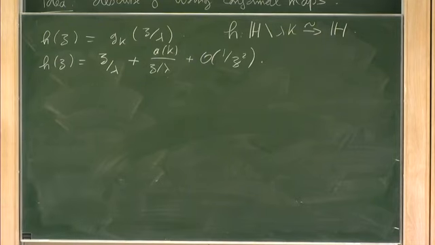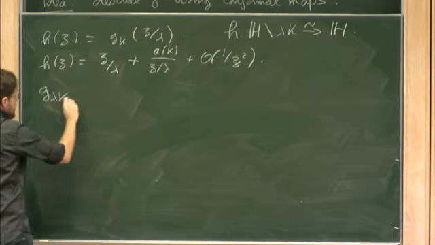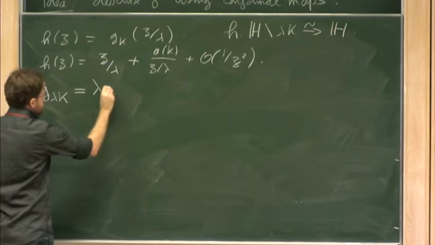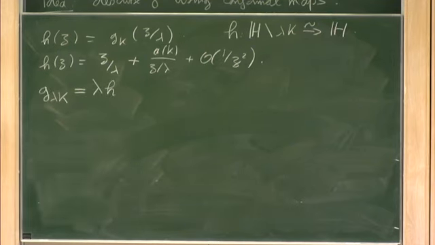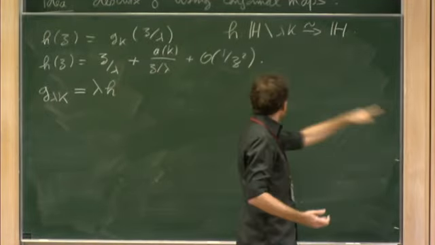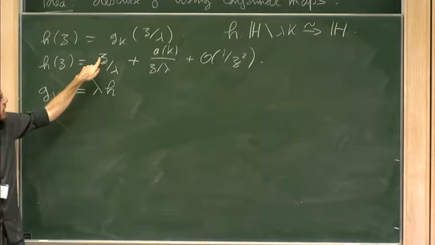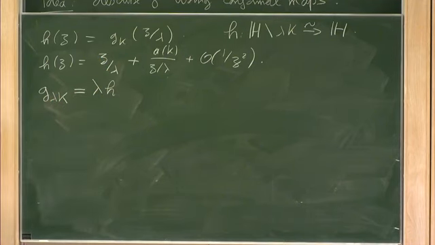But the shape of the expansion is the same as what you want to choose for g_lambda K. So what we get is that g_lambda K is the same as lambda h. There are two conformal maps from H minus lambda K back to H, and they satisfy the same criteria. If you look at the expansion of lambda h, it is something like z plus 0 plus something over z. So it has to be the same function as g_lambda K.